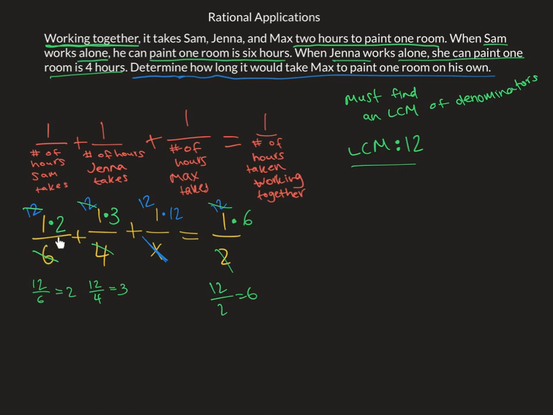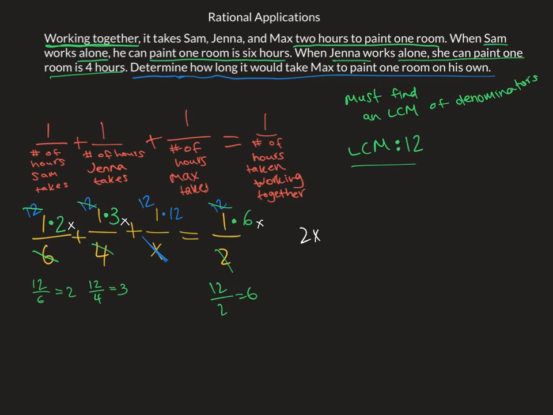So we got 1 times 2, but instead of just putting a 2 whole number, we're going to go 2x. We're just going to add on an x to each of these, but we're not going to add an x to this middle one, and I'll explain.